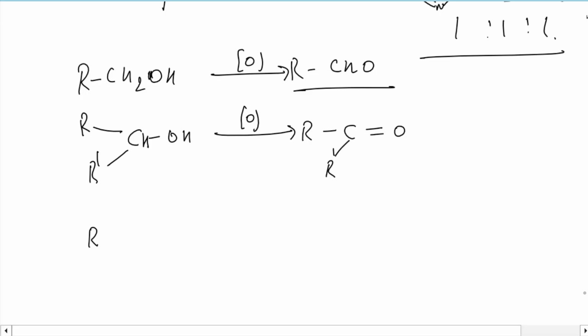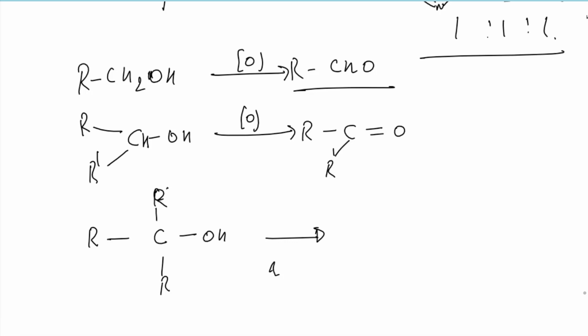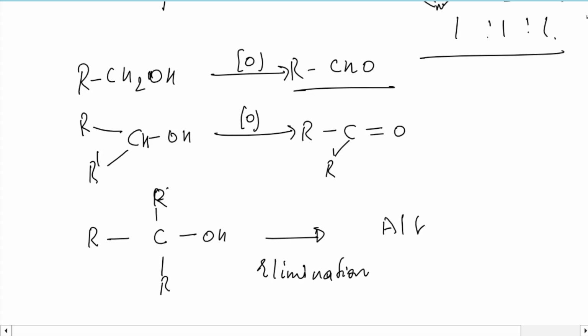If it's a tertiary alcohol, it will yield you an alkene instead of an oxidized product. You will get a product by the process of elimination. So tertiary alcohols on vigorous oxidation also yield alkenes.